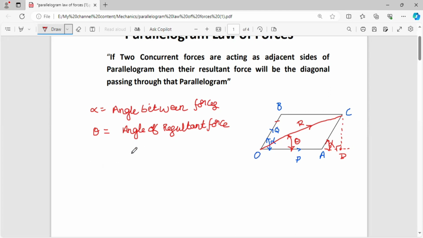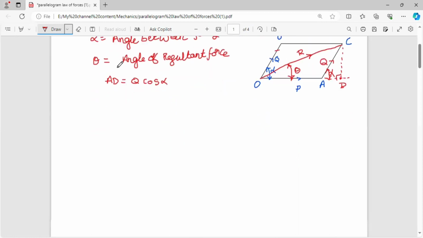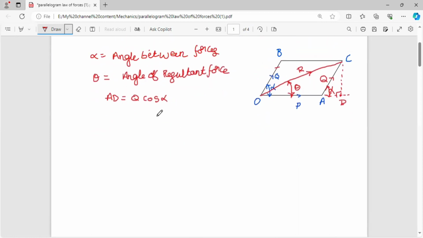Now consider the force here. It is the force Q, because OB and AC are the parallel sides, so they will be equal. From the basic engineering mechanics, we can write AD equal to Q cos alpha.